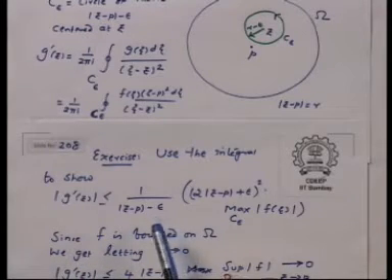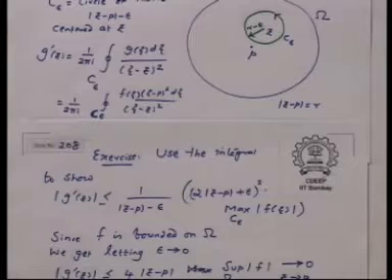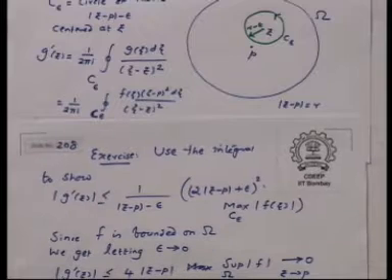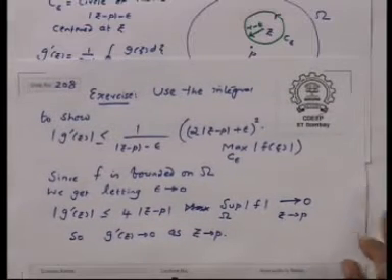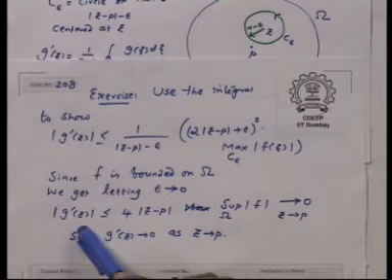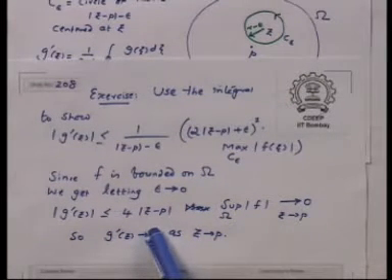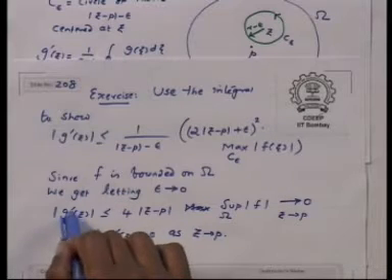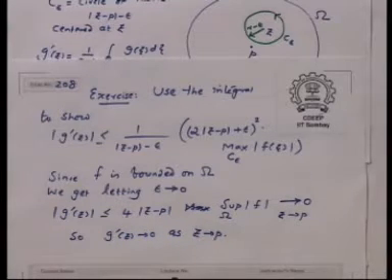Once you do, you simply get mod g prime z less than or equal to 4 times mod z minus p times this business here, the supremum of f. And so, as z goes to p, g z goes to 0.